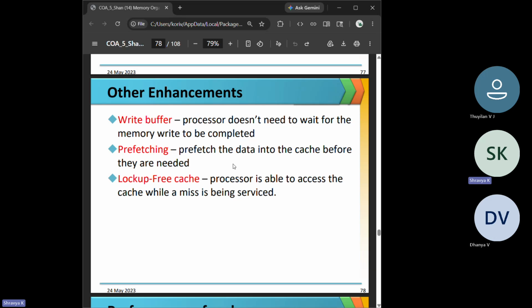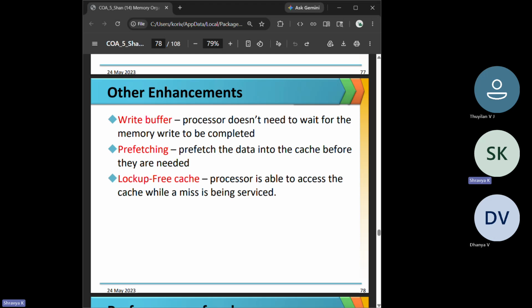Another thing you can do is prefetch the data into the cache before it is needed. This can be done based on the hardware predicting which memory locations you'll need soon, based on the locality of reference or any other method, and you can basically hide the miss latency.